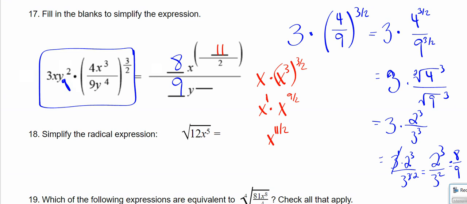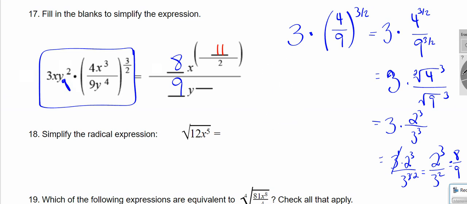Okay, then the next piece. We finish by dealing with our y's. I have a y squared this time. Y is being squared, and then it's being multiplied by a y to the 4th to the 3/2.